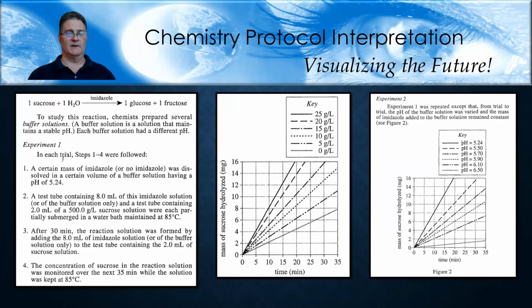So looking to your left, you'll notice that this image has a chemistry equation with it. And thinking back to your experience from your chemistry course, you should be well aware of how to read chemistry equations.